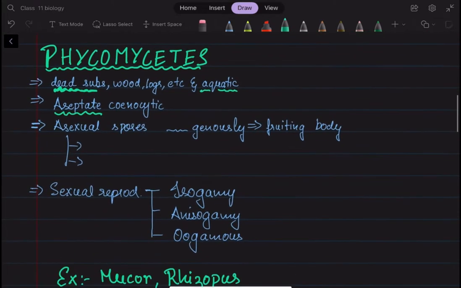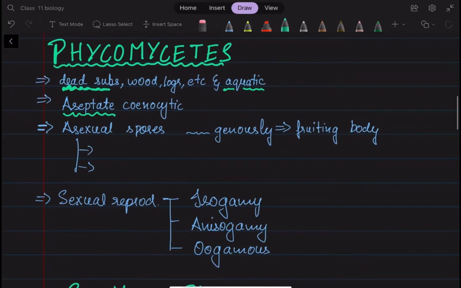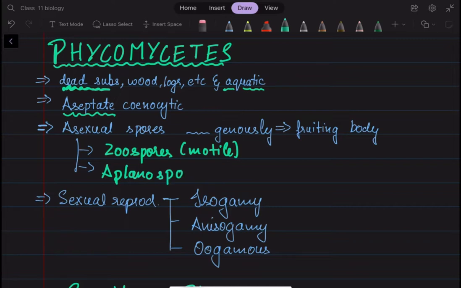And the asexual spores that are found in them, there are two types. One is zoospores. These zoospores are motile in nature because they have flagella. And one more is aplanospores. These aplanospores are non-motile in nature because they do not have flagella.